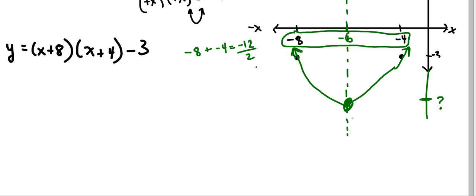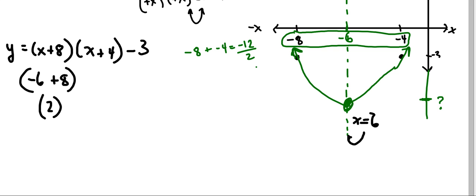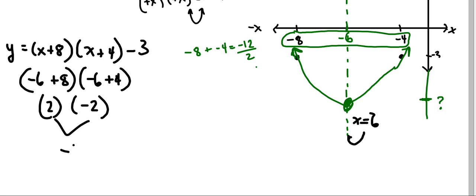Well, we know that when x equals negative 6, it will kick us out a y value. So if we put in negative 6 plus 8, that's going to be 2. And if we put in negative 6 plus 4, that's going to be negative 2. 2 times negative 2, one's positive, one's negative, gives negative 4.